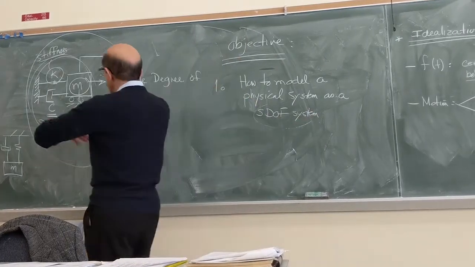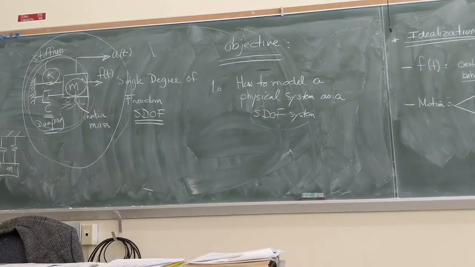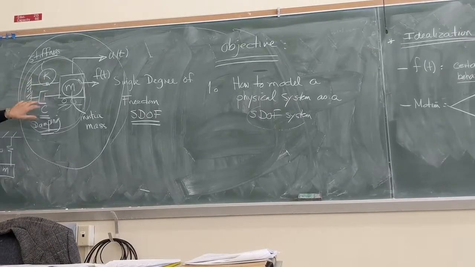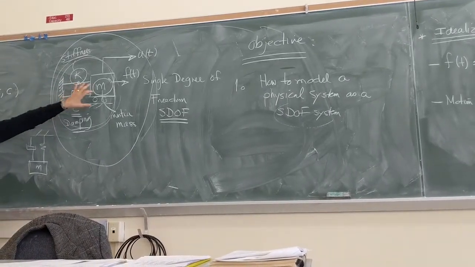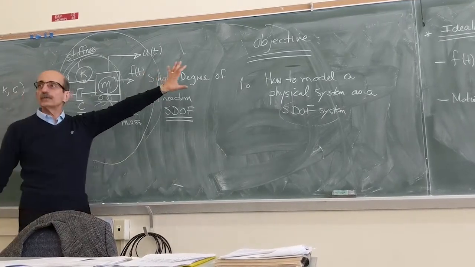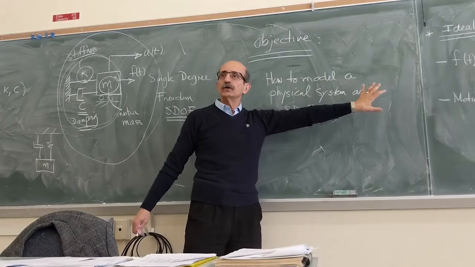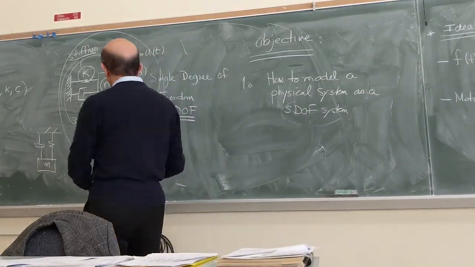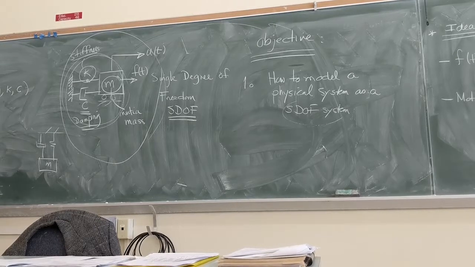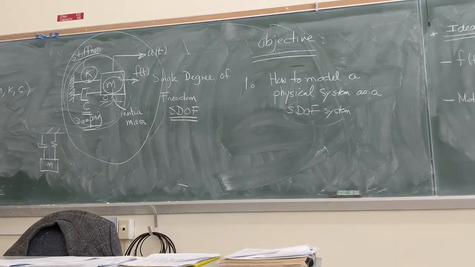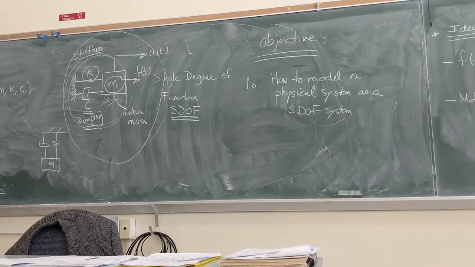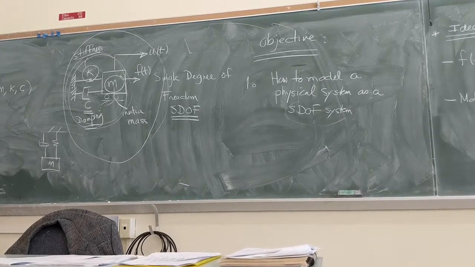In other words, if I give you a structure, how can you find what is the stiffness in that structure? What is the damping element? And what is the mass of the structure? So that's where we spend a few weeks to really be able to set up this model based on the knowledge that you have. Nothing new, based on what you've learned in strength of materials, basically, and dynamics.